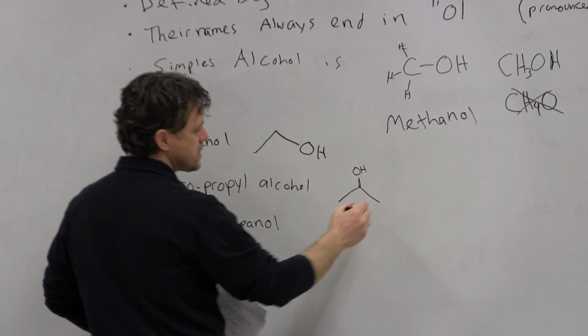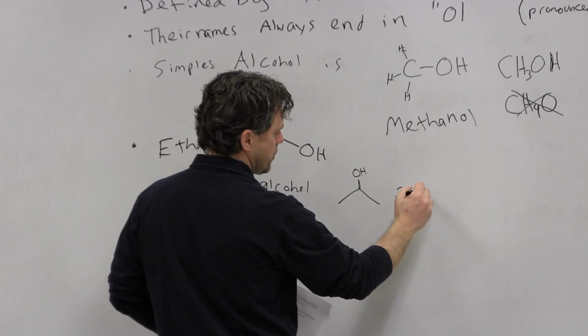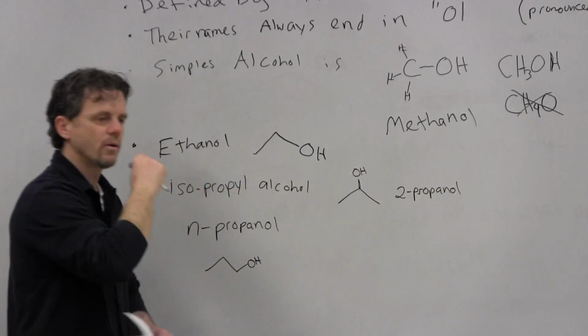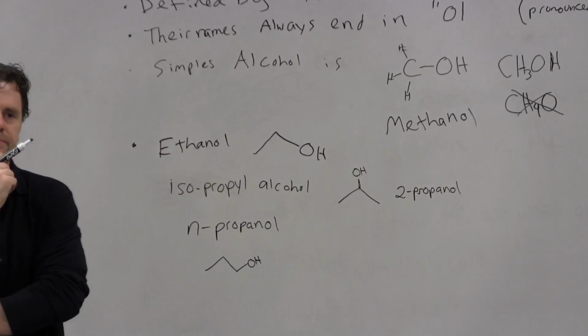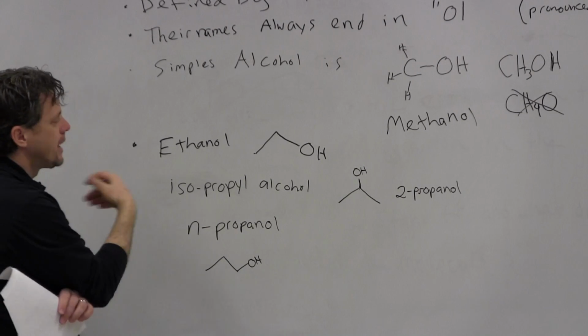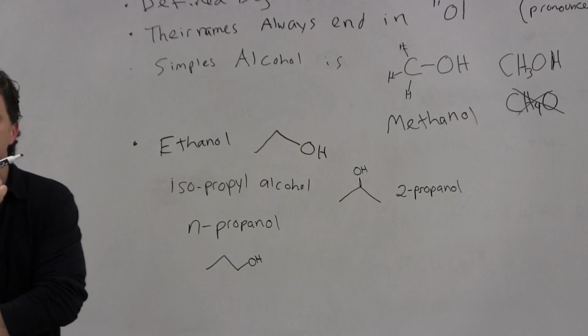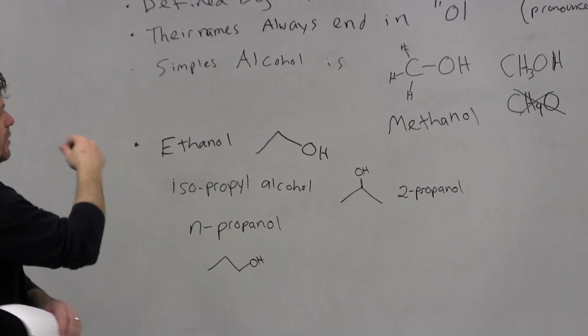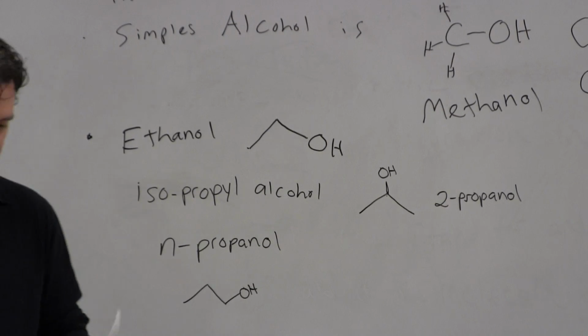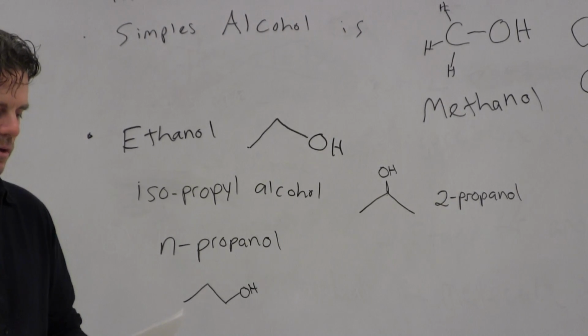You could also call this 2-propanol, where the 2 denotes the location of the hydroxyl. Again, this is not in essential oils, but just a refresher on how we name organic molecules.